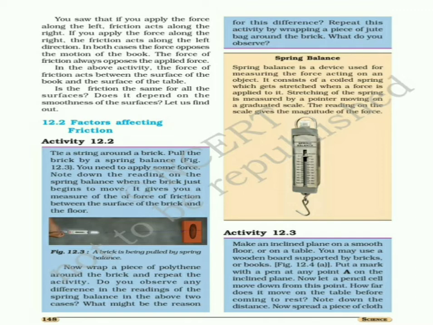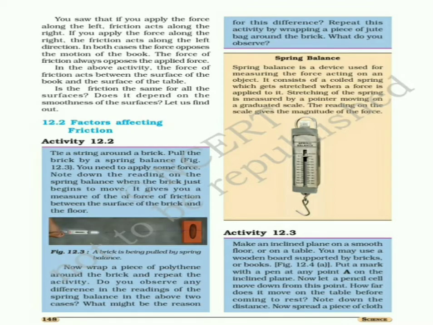But if there is no polythene bag, the surfaces of the floor or table and the brick will have more friction, and it is very difficult for the brick to move forward. So it will take more force. This is what they are telling us about the nature of the surface.